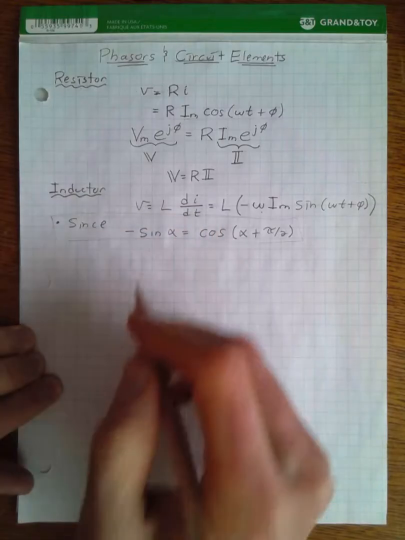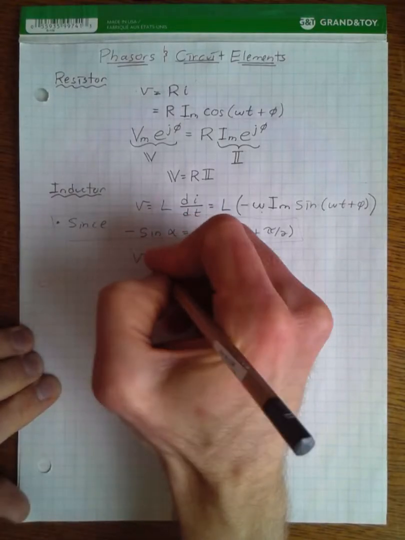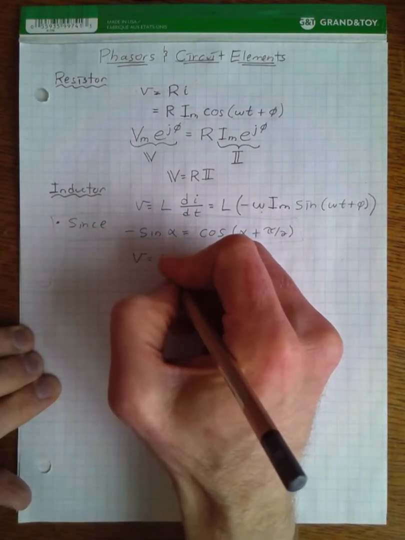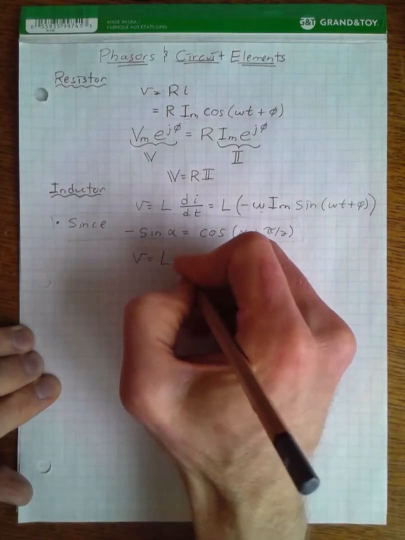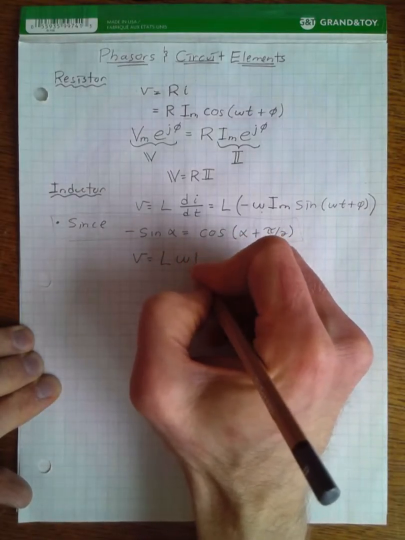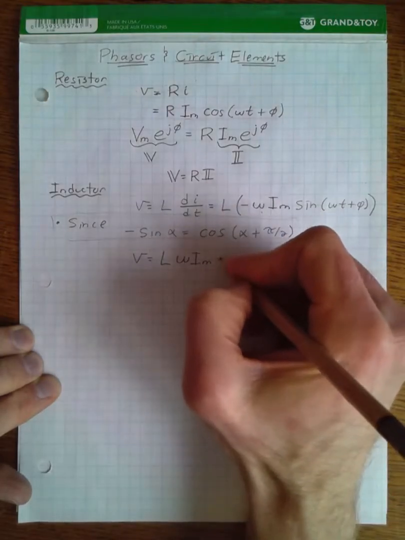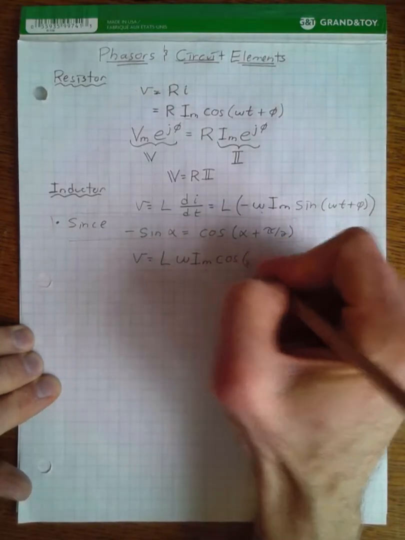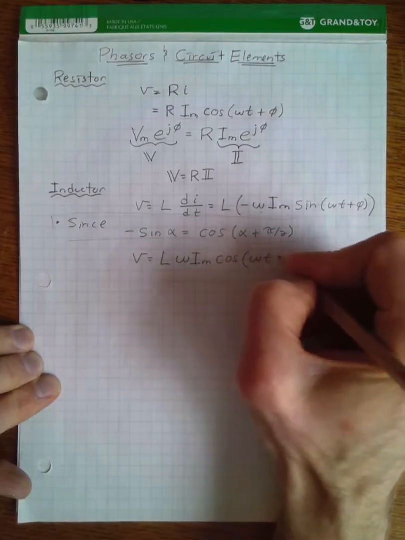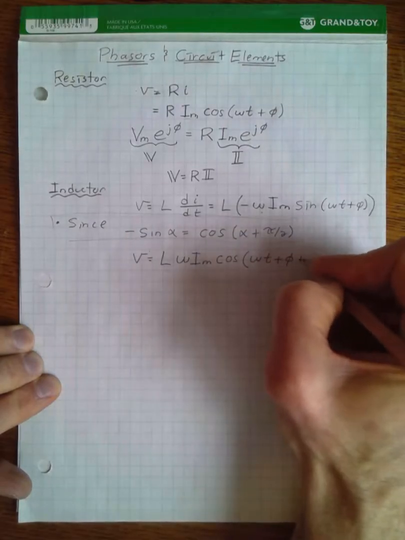And then if we continue with our voltage equation, voltage is equal to L times omega Im. The negative sign disappears because I'm now going to write this as cosine omega t plus phi plus pi over 2.